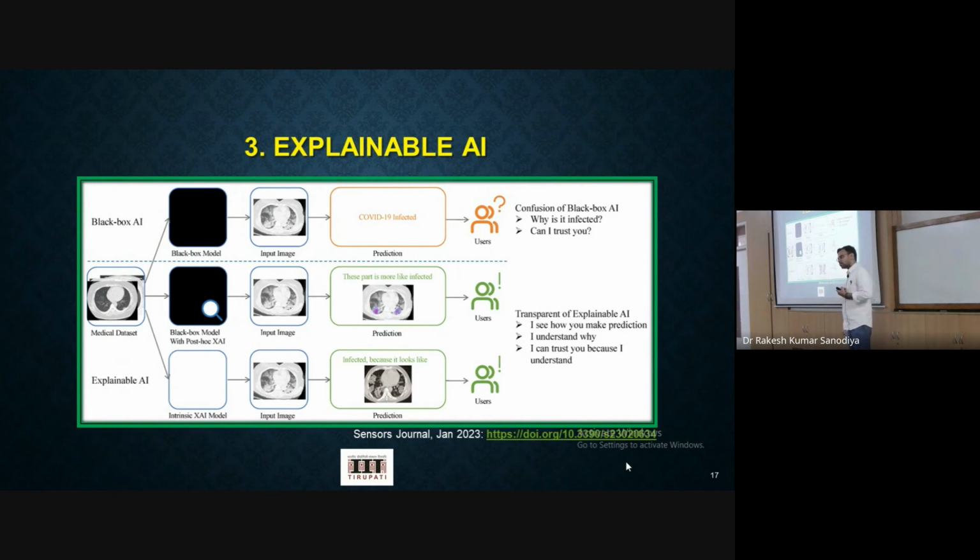So this is one more layer of explainability based on the annotated training data. Among the 3-4 topics, this is the third important one: explainability.